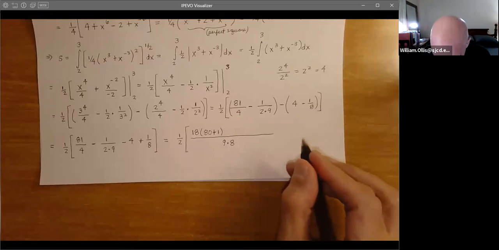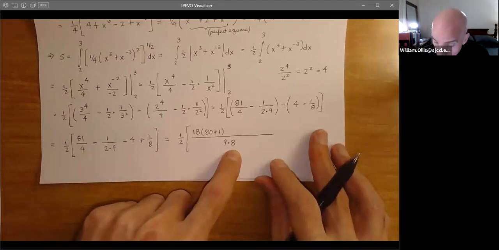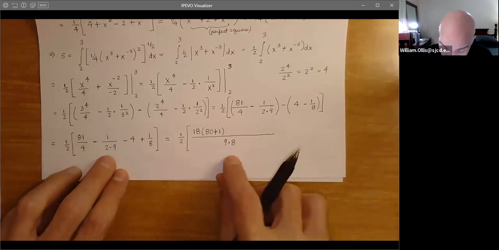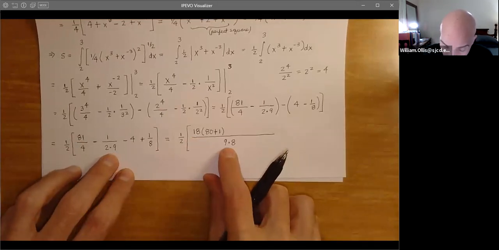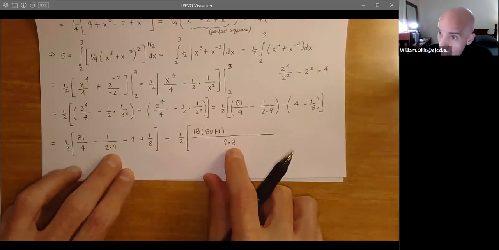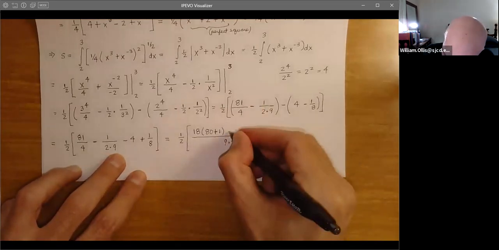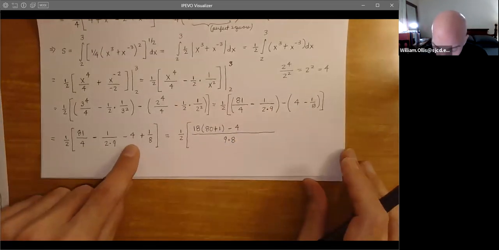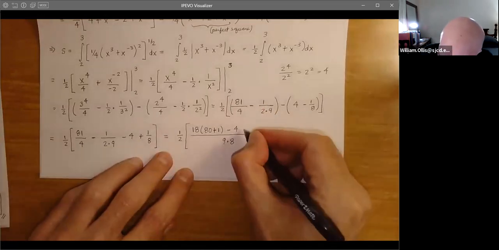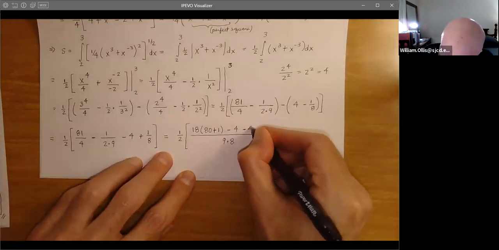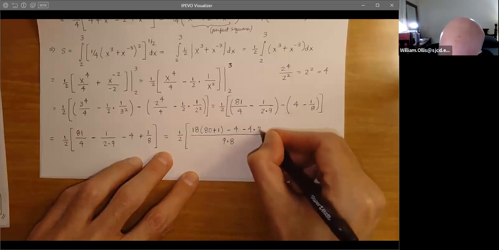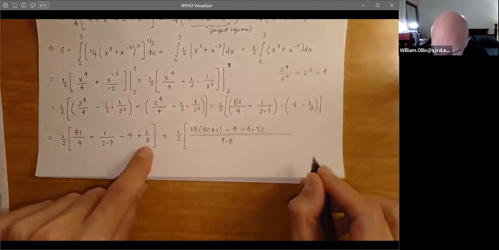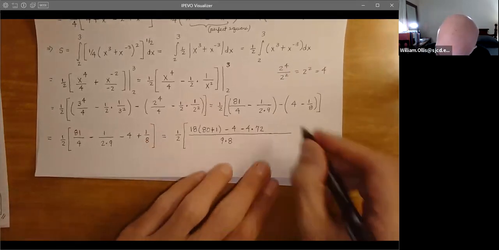So again, 4 into here will leave us a 2. 2 times a 9, which is 18, times 81. Now, of course, here we've got the 9 and we've got the 2, but we don't have the 4 from the 8. So this will be -4. And then here we don't have anything. So we get -4 times a 72, 9 times 8. And then the very last one, we have an 8, but we don't have the 9, so we get plus a 9.